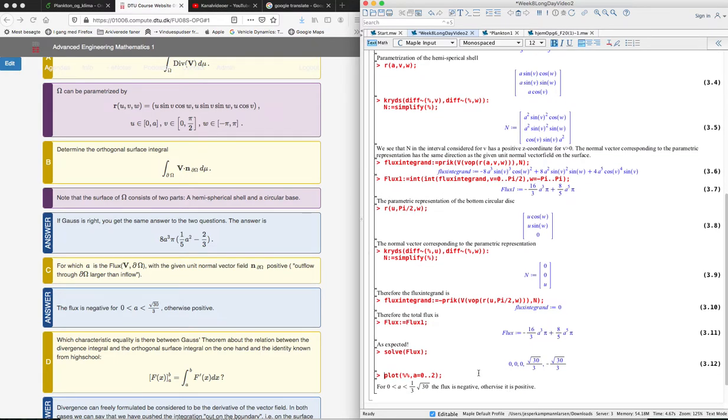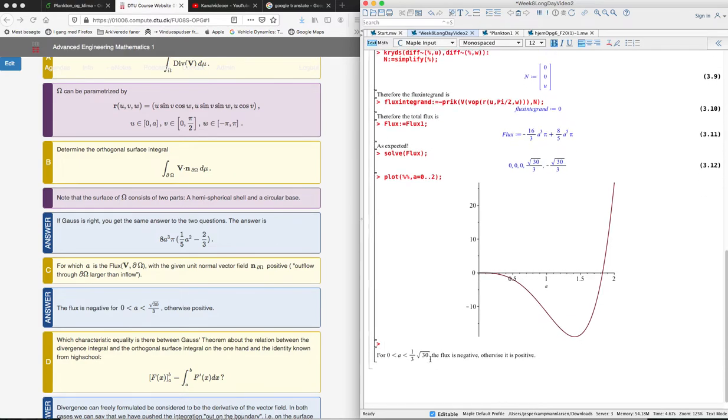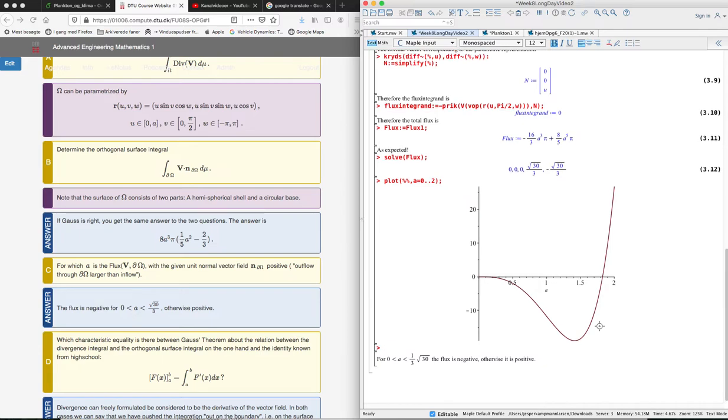Then we plot, and we can see that when A is between 0 and the square root of 30 divided by 3, the flux is negative. Otherwise, it is positive. This is what I have chosen to show you of this program.